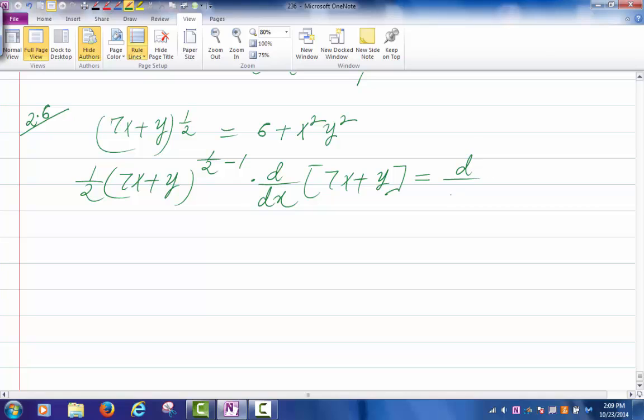And you would be taking the derivative of what? x squared y squared. Am I making sense? Okay, so here I am getting then half times 7x plus y to the negative half. And then here I'm going to get derivative of 7x is 7, and derivative of y with respect to x, well, that's just dy/dx, right?